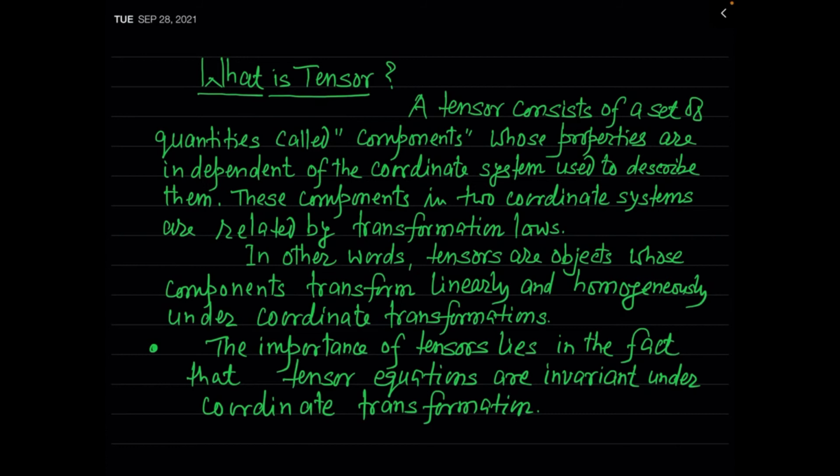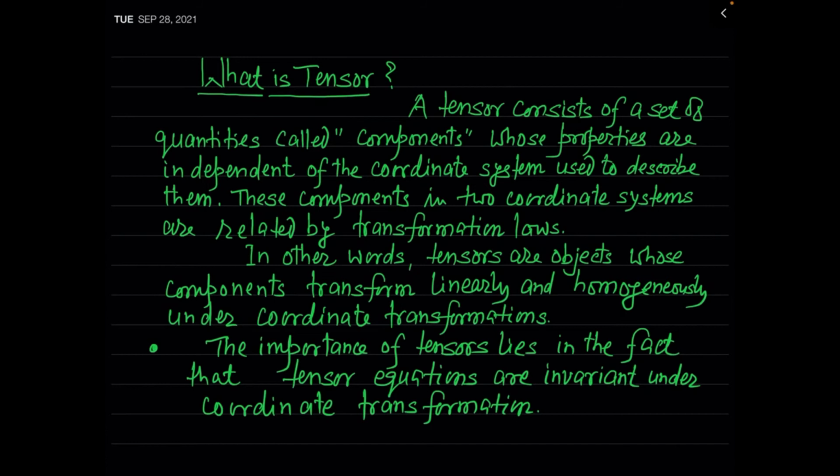When we discuss particular types of tensor in the forthcoming lectures, you will see that a particular type of tensor is always defined via a transformation law. So this transformation law is very important, and by the use of this transformation law, we relate the components of a tensor in two coordinate systems, or you may say two reference frames.